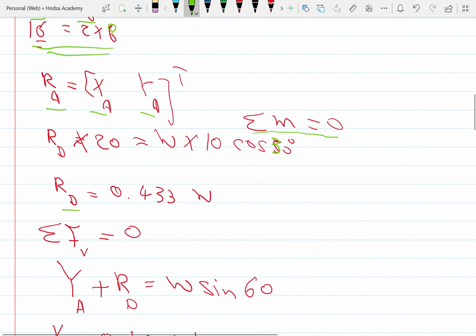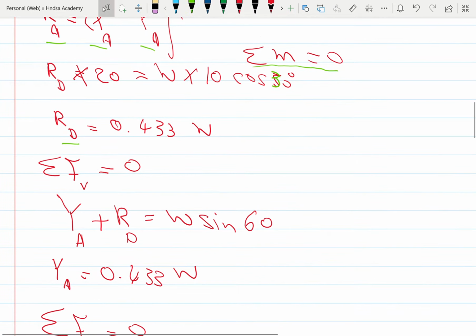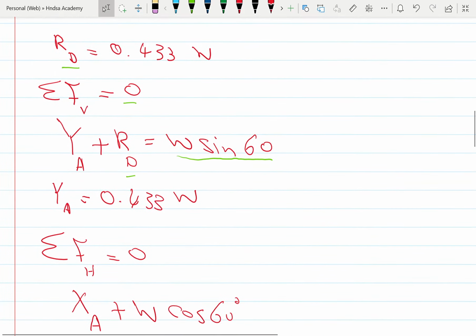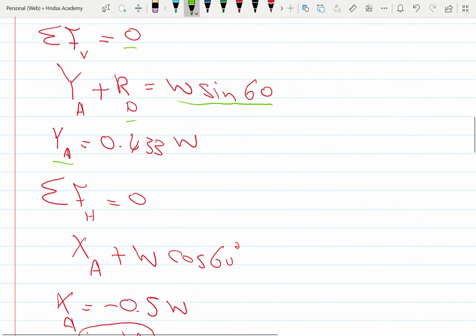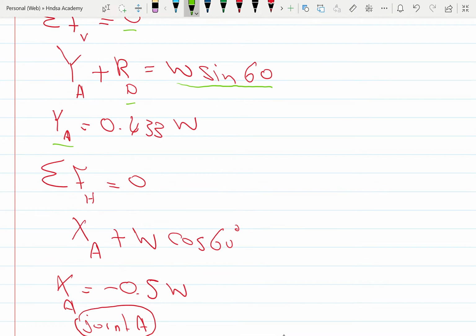Once we found RD, we need to find the vertical component. So the sum of vertical forces equals 0. YA, which is the vertical component of our reaction A, plus reaction RD, should give us W sine theta, which is the vertical component of our force W. So we found YA equals 0.433 W. And we know also the sum of horizontal forces equals 0.